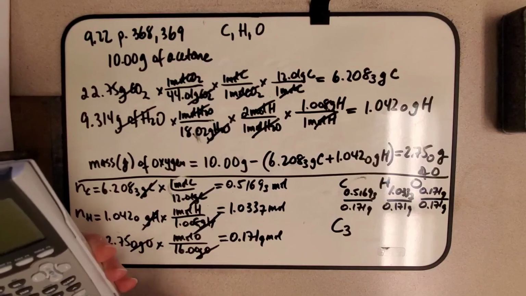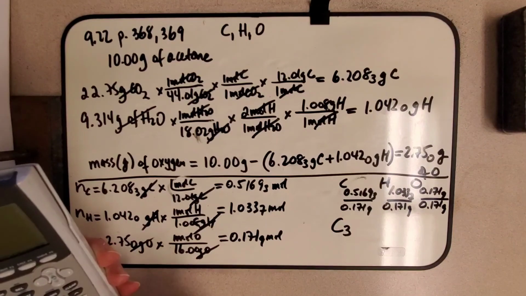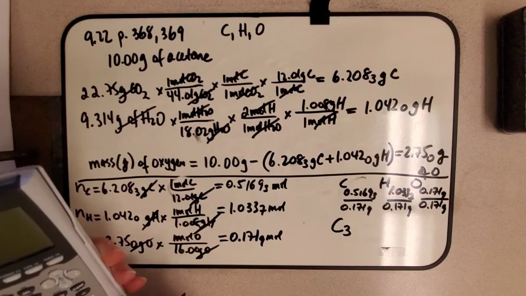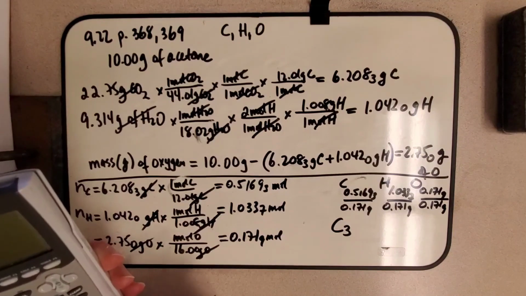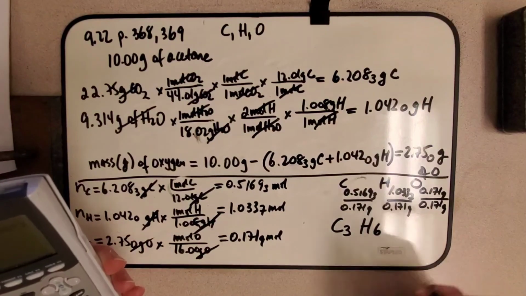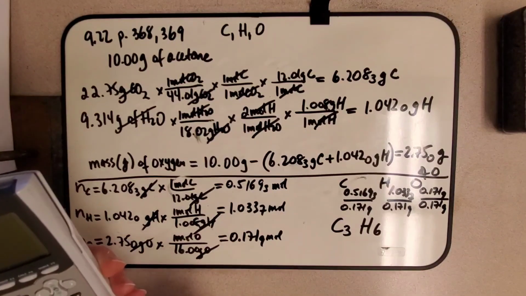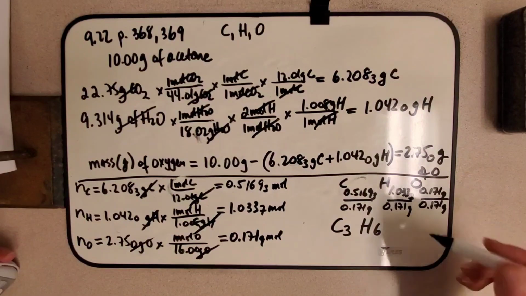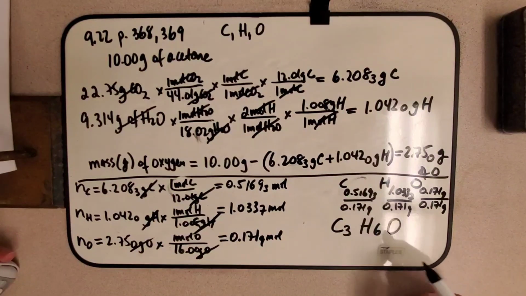Now 1.0337 divided by 0.1719, that gave me 6. And then the last one, oxygen, divided by the same number, gives you just 1.